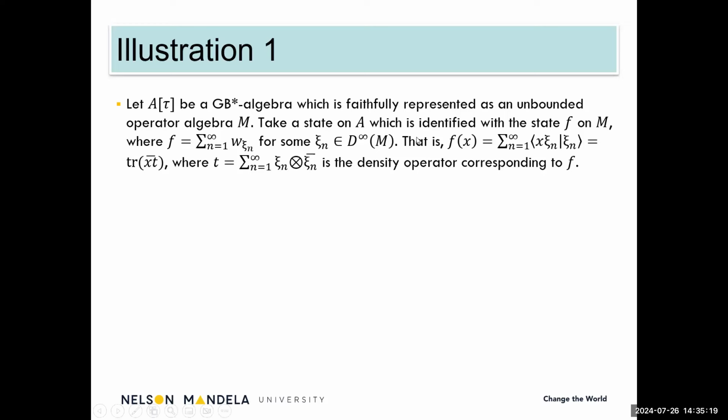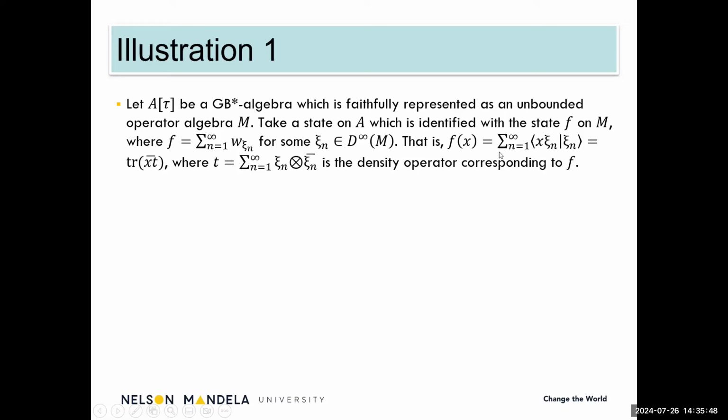Take a state on A, which is identified with the state F on M. So in other words, M is the unbounded operator algebra, and it is represented by this infinite series of WXCN. In other words, what I actually mean is that f of x is an infinite series of these inner products.